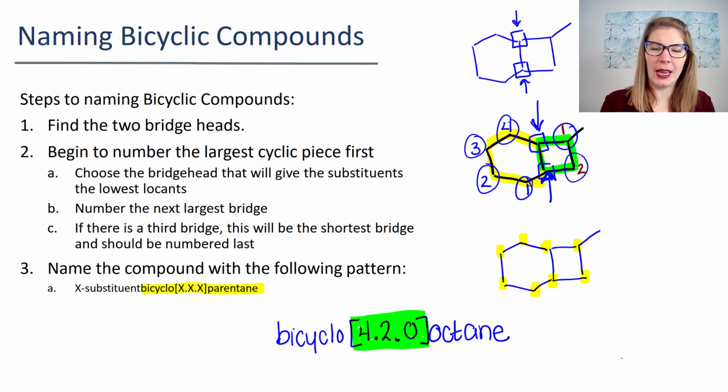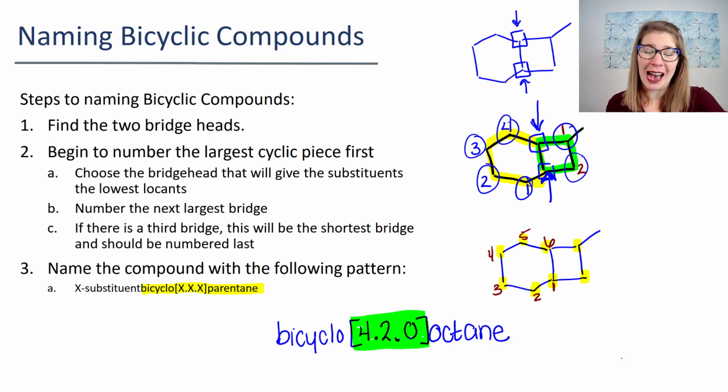I'm going to start numbering it one way, where I'm going to call this 1, 2, 3, 4, 5, 6. Remember, I have to number the largest bridge first. Then I come across and hit 7. In this set of numbering, I would get a 7-methyl.